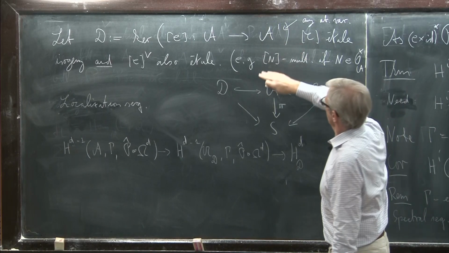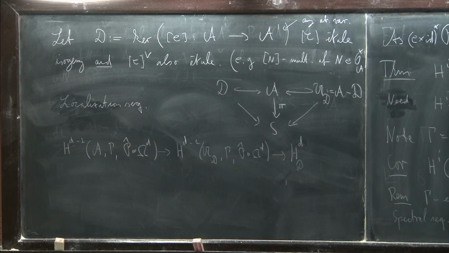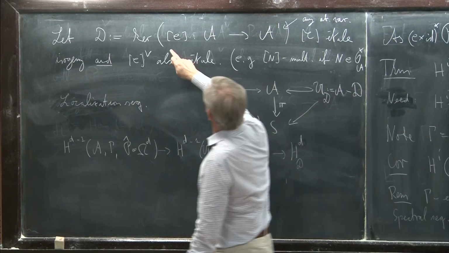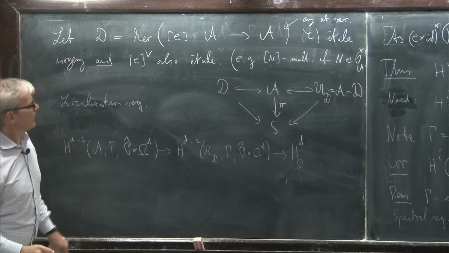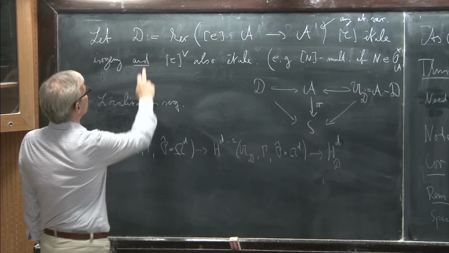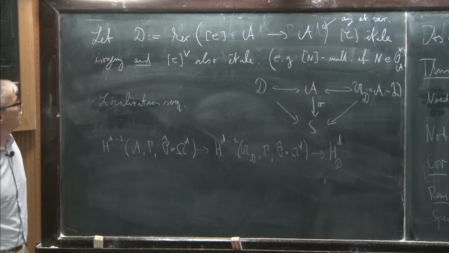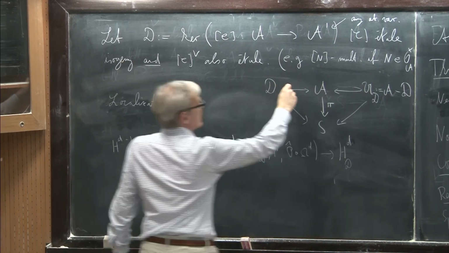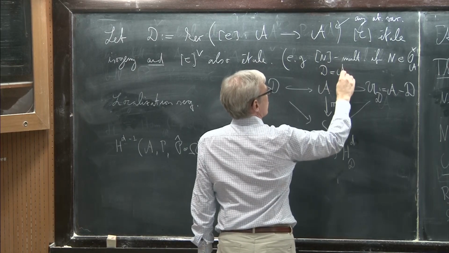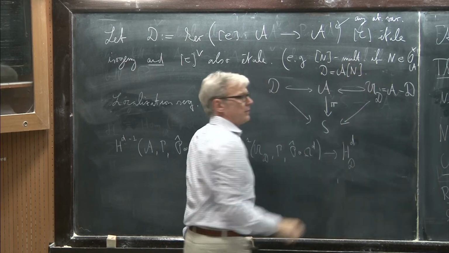If you're a little bit worried with this, then stick to this, that's fine as well. D is just the kernel of that map. For example, in this example, D is the n torsion of the abelian variety.